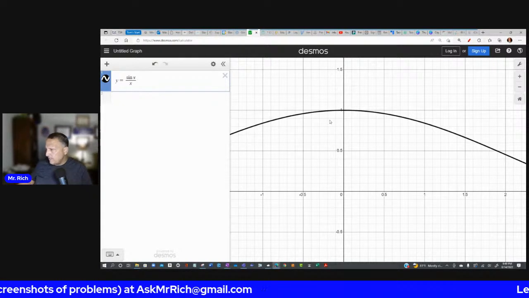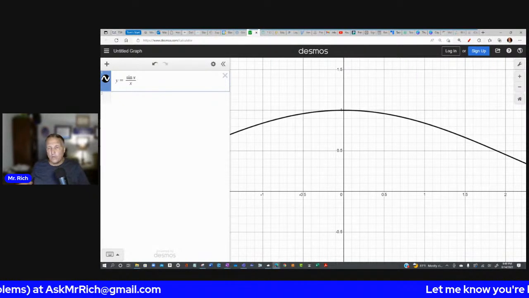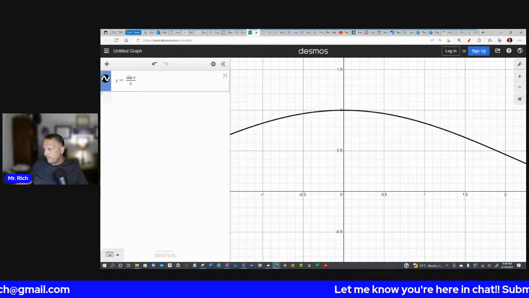All right, so that about does it, class. What we saw today was we reviewed once again what limits are. We took a look at how to evaluate limits graphically.